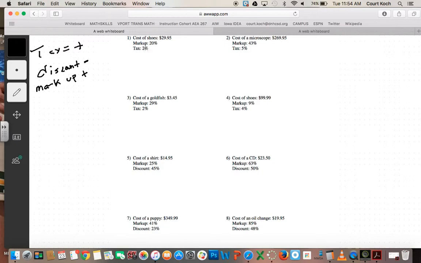So when I have the markup at 20% of $29.95, what I need to be thinking about is, what is 20% of $29.95, and then filling it in with this.